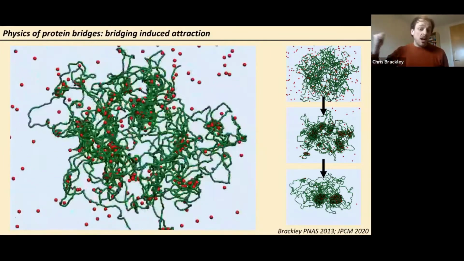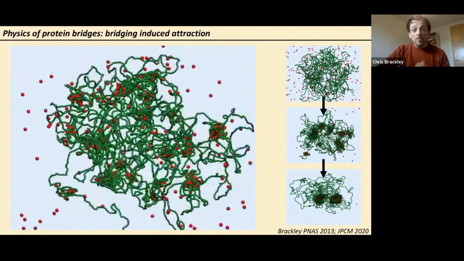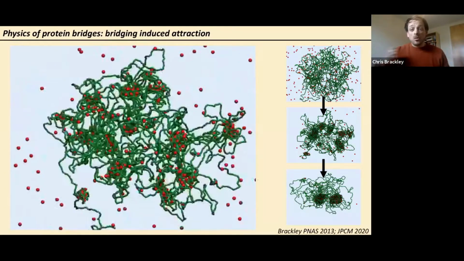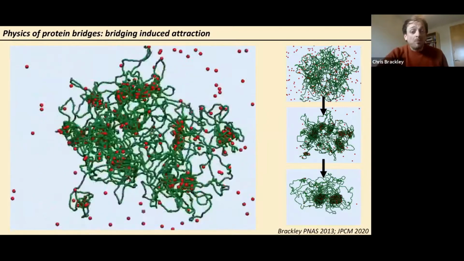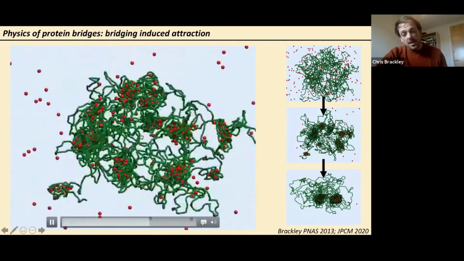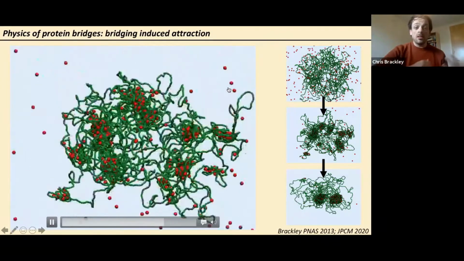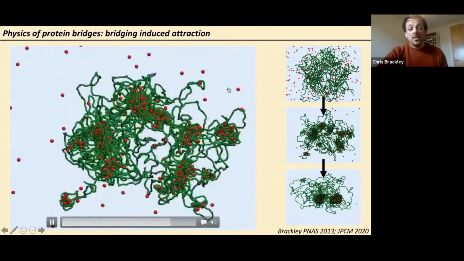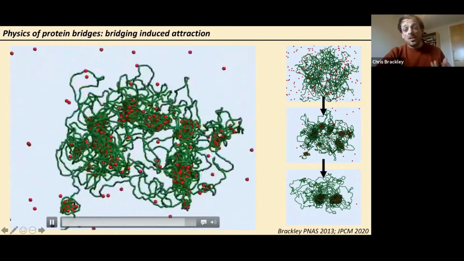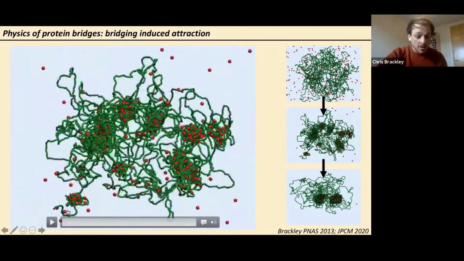We said there's an attractive interaction between the proteins and the polymer, so they can bind to the polymer, but we didn't include any attractive interaction between the proteins and the proteins. Quite surprisingly, what you see very quickly after the start of this simulation is that these red proteins are binding to the polymer, and they're also coming together into clusters. We were surprised because we didn't put any attractive interaction between the proteins. So why do they form these clusters?